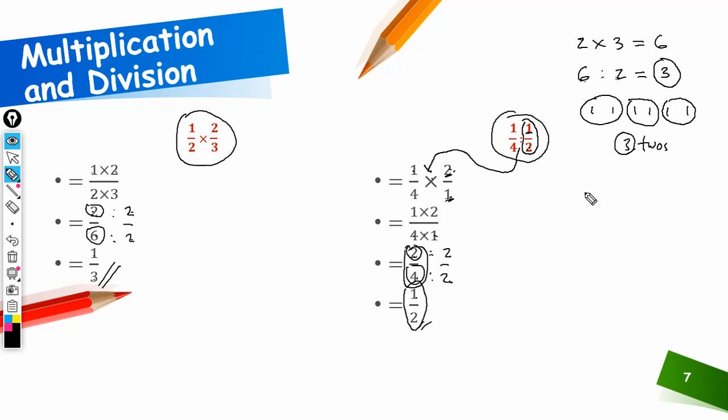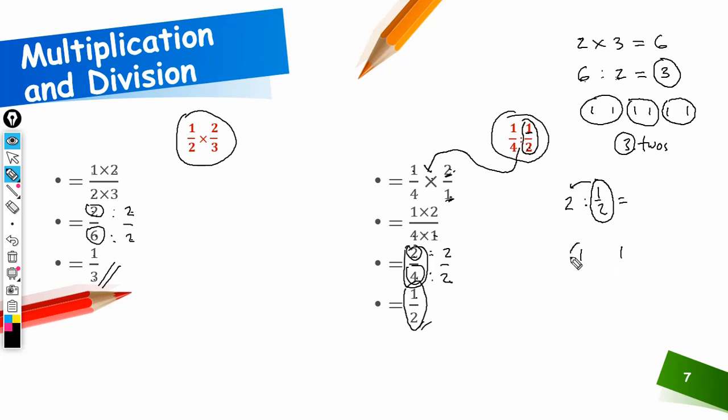Okay, now let's see in fraction. In fraction, let's say for example 2 divided by a half. Okay, jadi 2 dibagi 1/2. So you can say how many halves in 2? Ada berapa setengah di dalam 2? Okay, so let's say 1, 2.